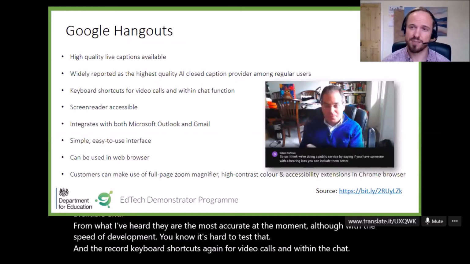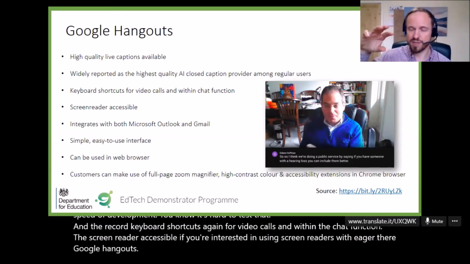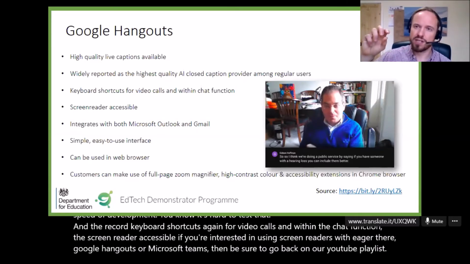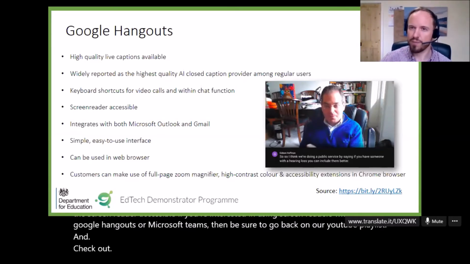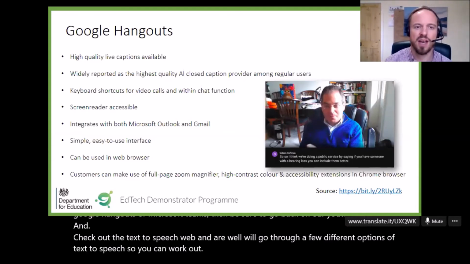They're screen reader accessible. If you're interested in using screen readers with either Google Hangouts or Microsoft Teams, then be sure to go back on our YouTube playlist and check out the text-to-speech webinar where we'll go through a few different options of text-to-speech so you can work out which are good.